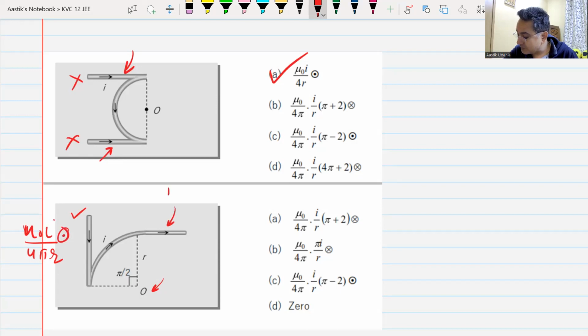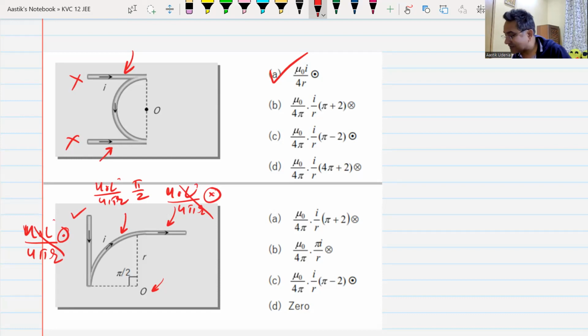Magnetic field due to this wire will be the same, mu naught I by 4 pi r. Direction will be inside. So basically these two fields are going to cancel each other out. The only part that remains is this, mu naught I by 4 pi r multiplied by pi by 2. Yes or no? So the answer will be mu naught I by 8r.